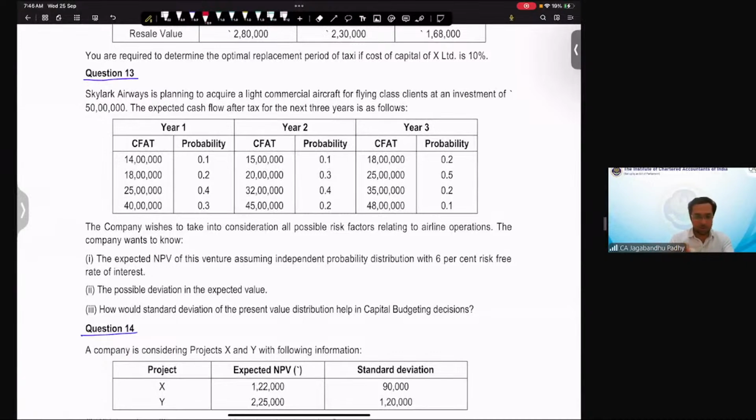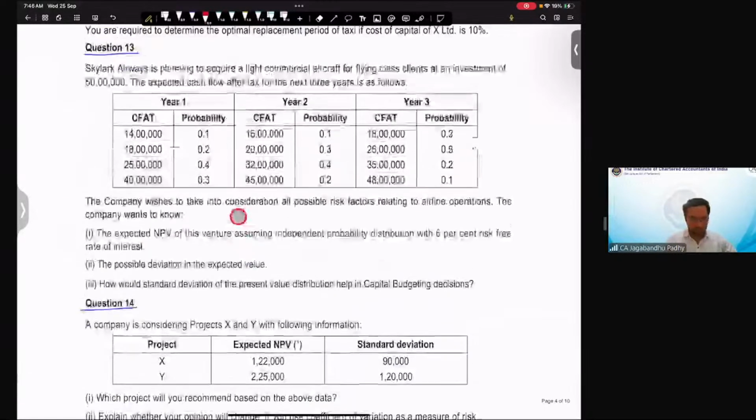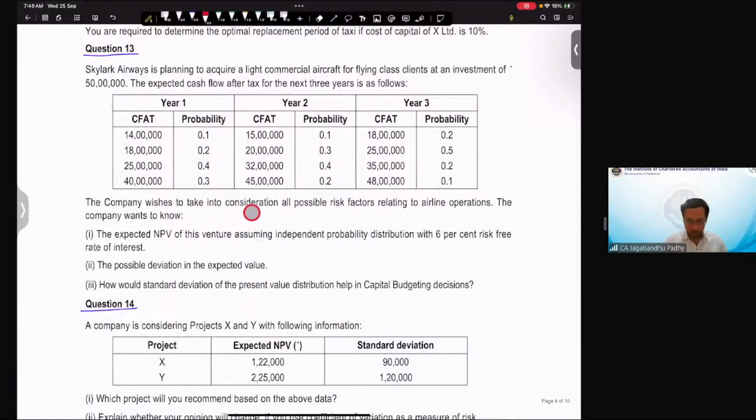You can look at these questions, which are very similar to what we have done, right? Let's try to solve this. Question number 13, we'll solve it now. I'll give you a few questions later as homework also.